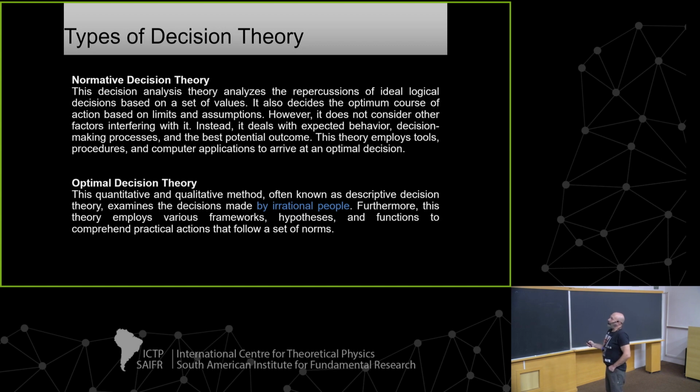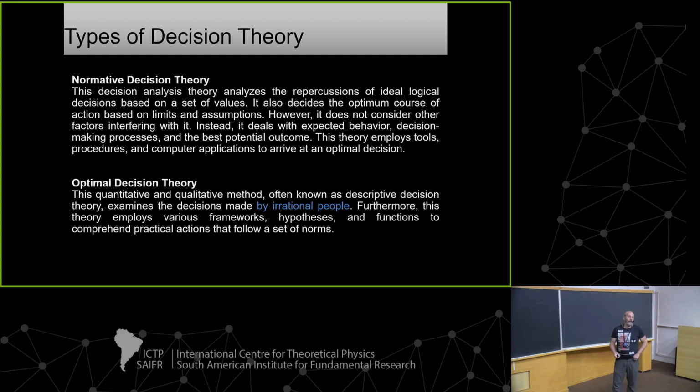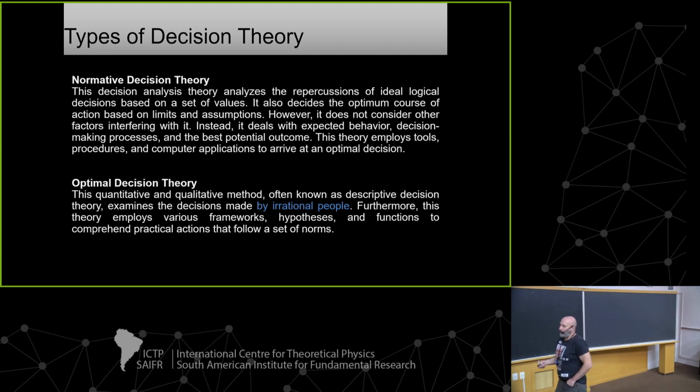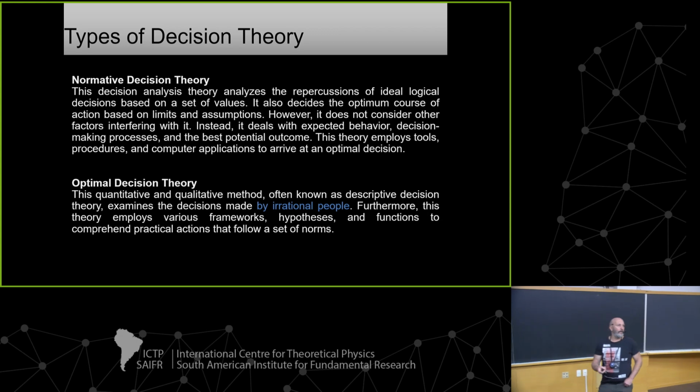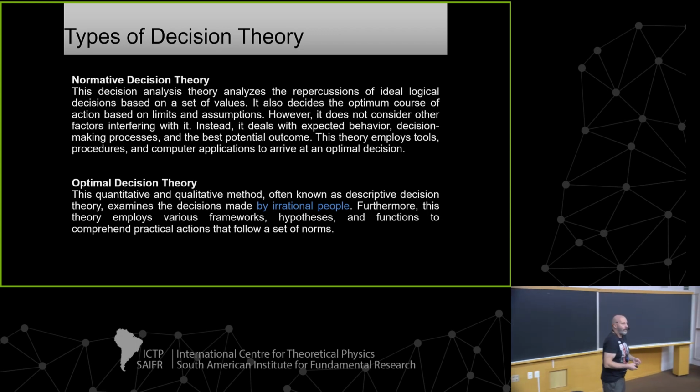Yes, irrational means that it's not the homo economicus. It's not the person who will always look for the best selfish decision and behave in a way that can be predicted. Yes.